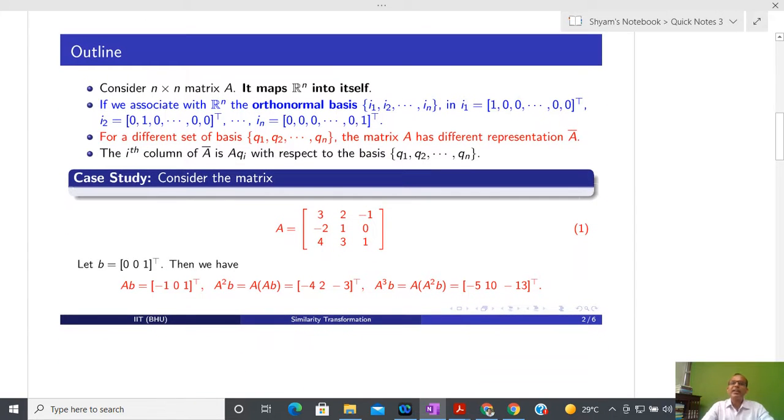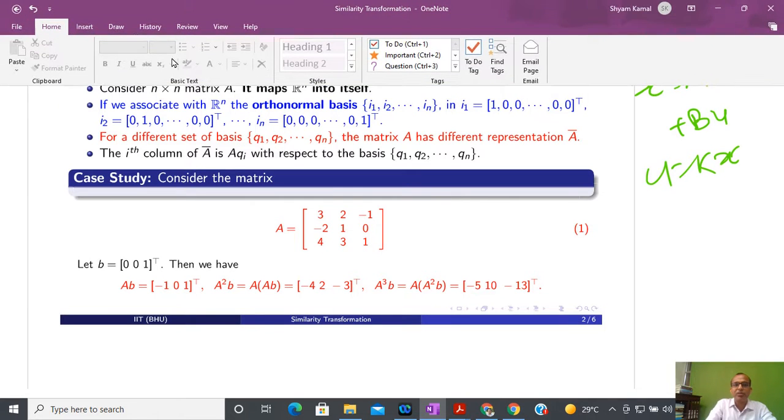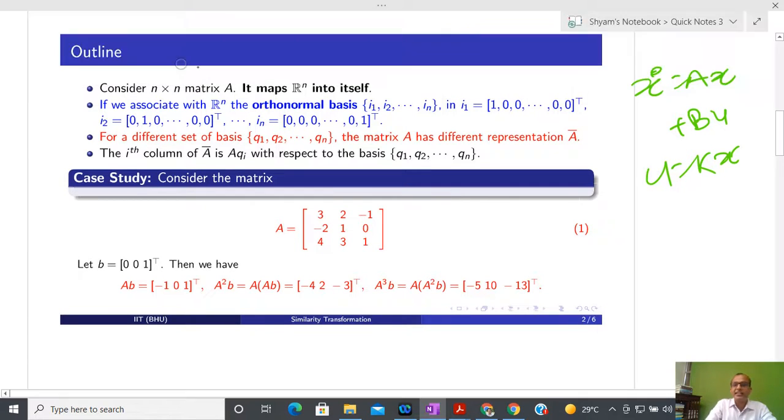Suppose you have some kind of n cross n matrix, or more comfortably you can take the system x dot equal to Ax, or even x dot equal to Ax plus Bu, and suppose you have designed some kind of state feedback. I hope that you have learned how to design the state feedback controller for a linear LTI system.